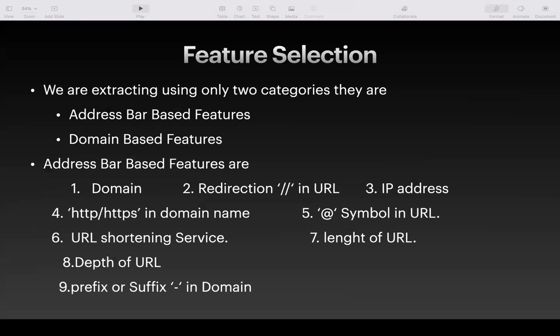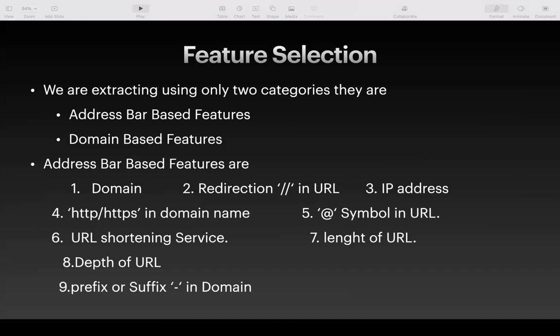And for feature selection, what is feature selection? Basically, it's what kind of features we're going to look into in the data sets. We have categorized them into two categories: address bar based features and domain based features.